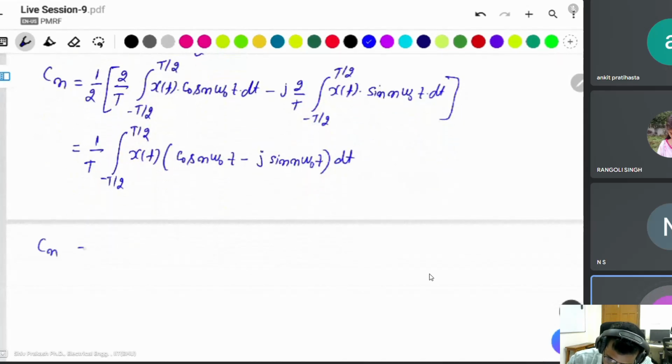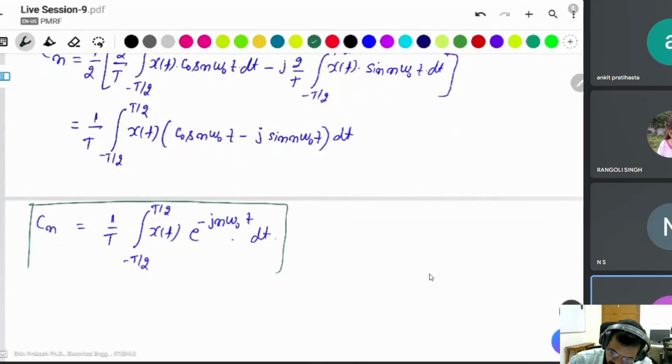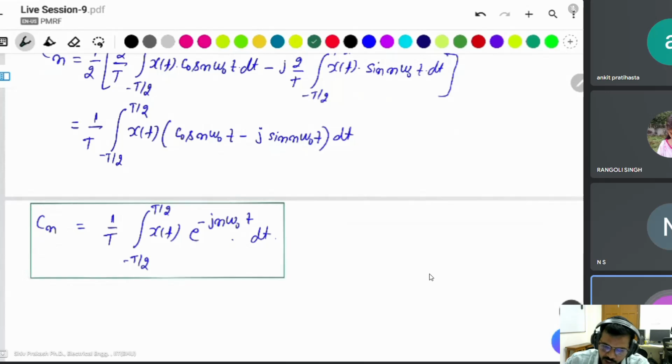It means Cn is equal to 1 by T integration over a time period, minus T by 2 to T by 2, x(t) times cos theta minus j sin theta, which is equal to e power of minus j n omega naught t. This is the calculation of the complex exponential Fourier series coefficient.